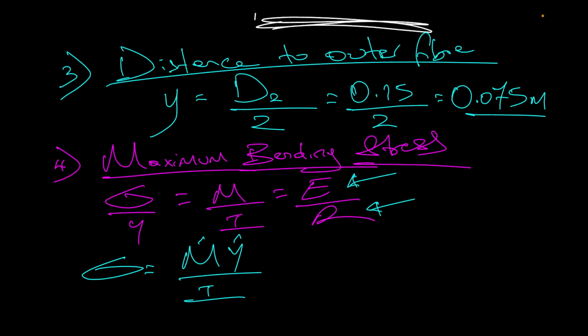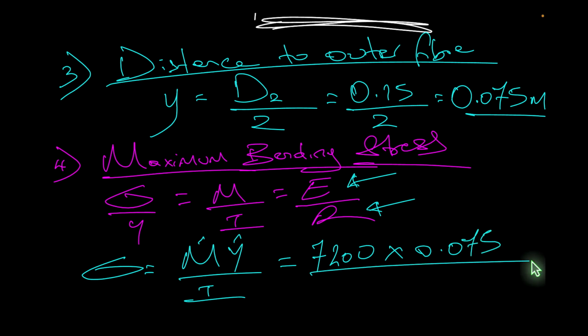So let's now calculate the maximum bending stress because we have everything that we need. This is our 7,200, or 7.2 times 10 to the 3, for the maximum bending moment that we calculated, multiplied by the value that we got for y, and all divided by what we got for the second moment of area.